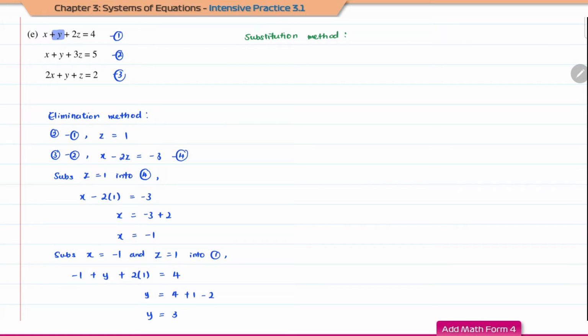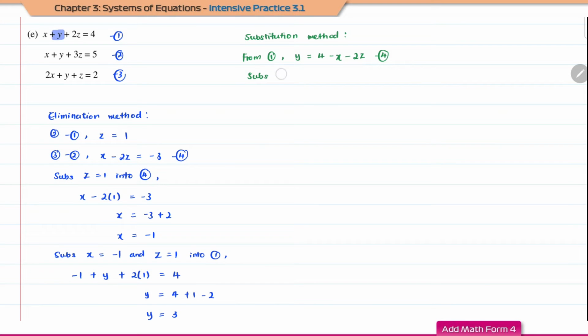Then later on, I'm going to substitute it into equations 2 and 3. So from 1, the y will be equal to 4 minus x minus 2z. So this is equation number 4.